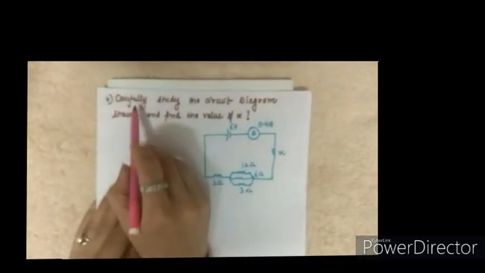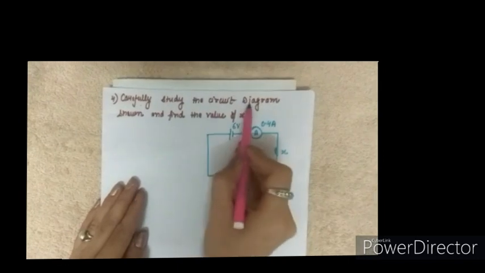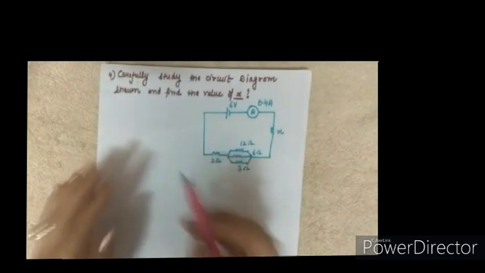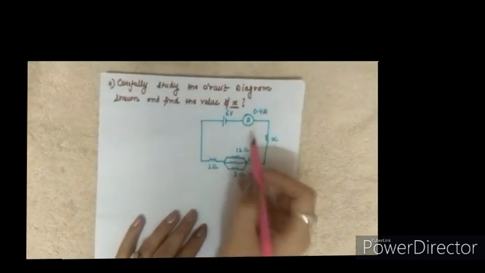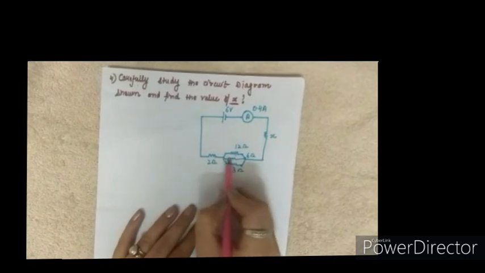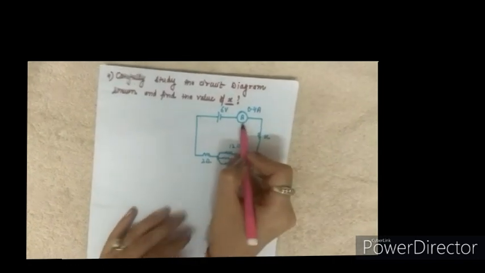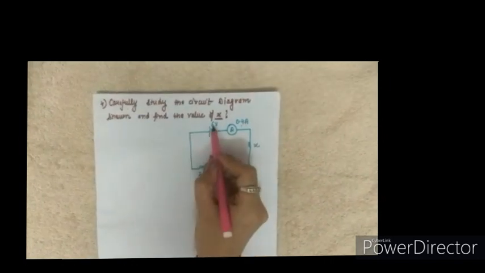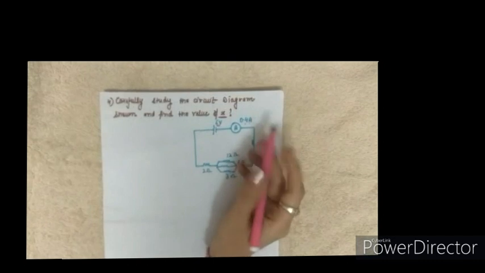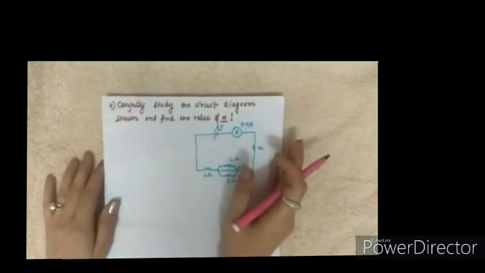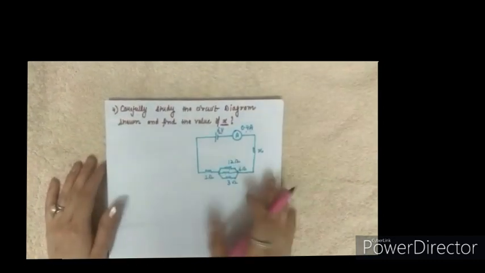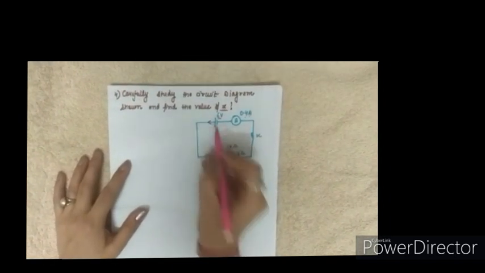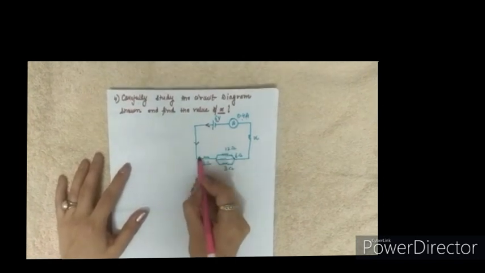Next question is, carefully study the circuit diagram shown and find the value of X. In this diagram we have parallel and series resistances connected across a current of 0.4 amperes and a potential difference of 6 volts. This numerical is based on series parallel combination. As we know, conventionally the current passes from the positive terminal of the battery to the negative terminal.